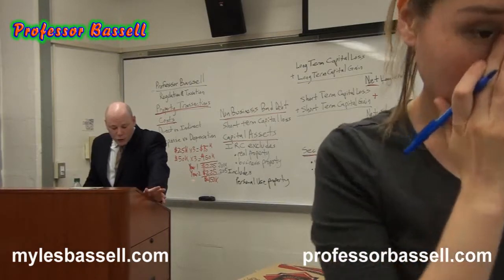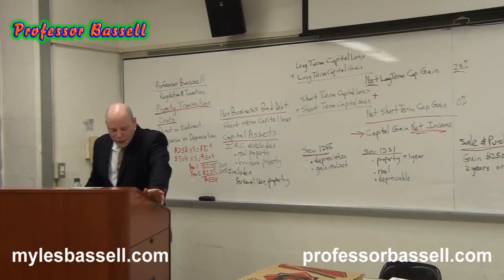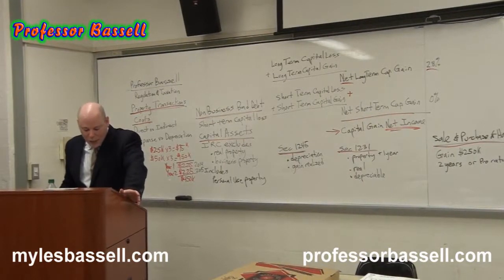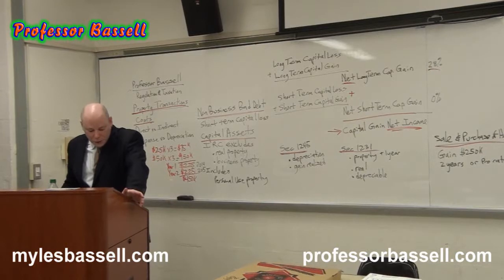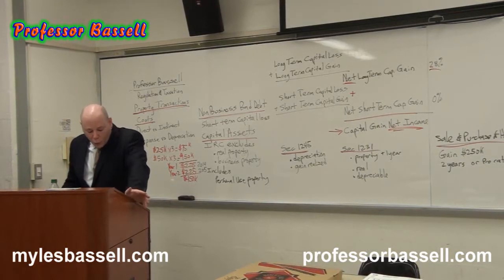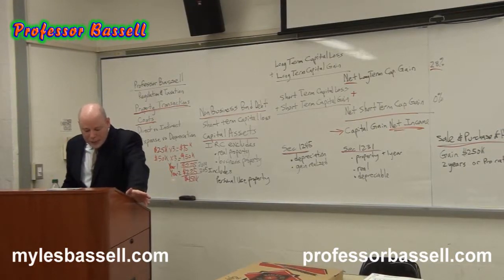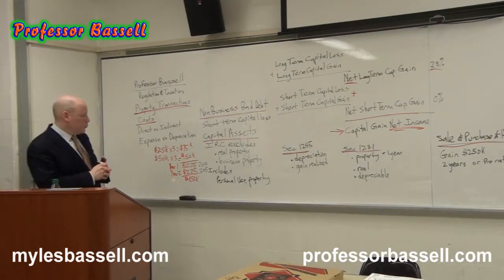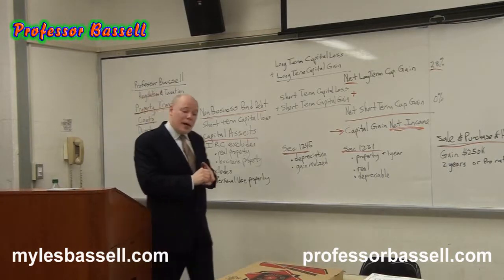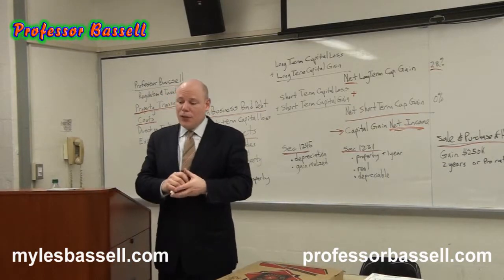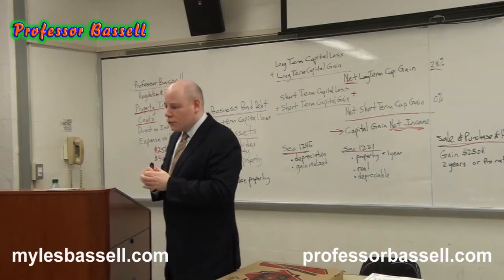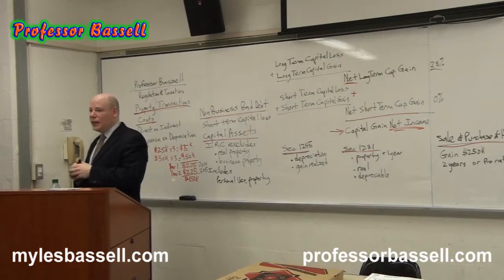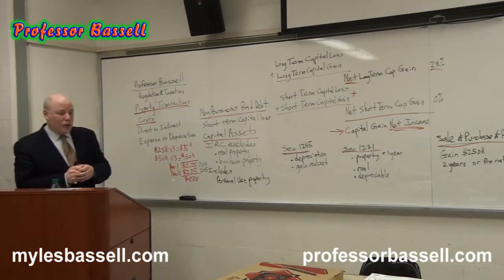So what does the Internal Revenue Code say? It says that capital assets are all property held by a taxpayer that's not excluded. So what about the items that we just discussed? Capital assets are all property held by the taxpayer that is not excluded.